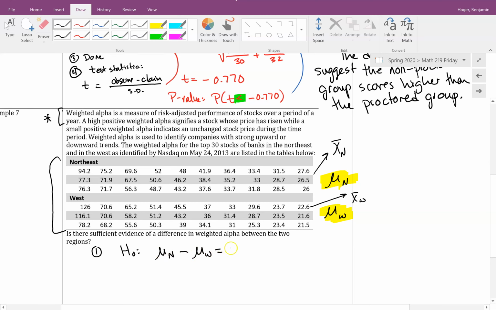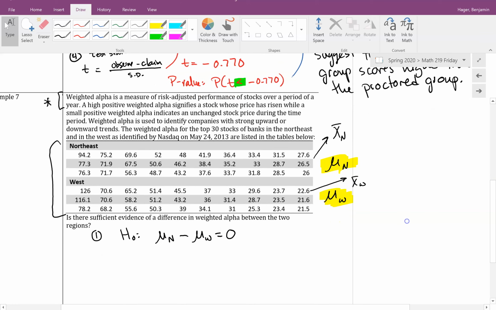That the difference between those averages is 0. The alternative doesn't suggest or ask whether one is bigger than the other. It just says, is there evidence of a difference between them? So the alternative would be that there is some sort of difference, that the difference is not 0.